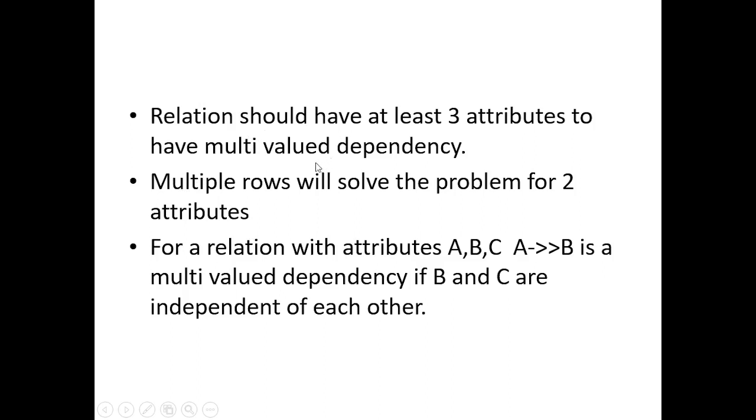So when we have a relation with only two attributes, for example attribute A and attribute B, and suppose A1 has two values for B, B1 and B2, and for another example, A2 with values B3 and B4, in that case we'll be able to solve this problem, the multi-value dependency for these two attributes, by converting that into multiple rows.